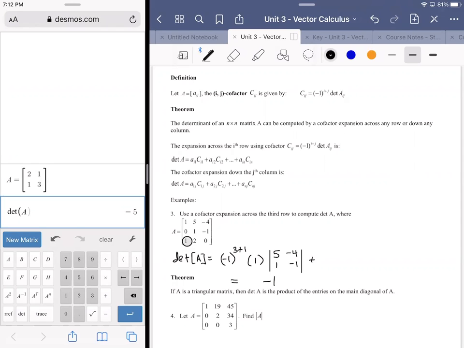Then plus, slide on over, -1 raised to the 3 plus 2 power. The entry there is 2.